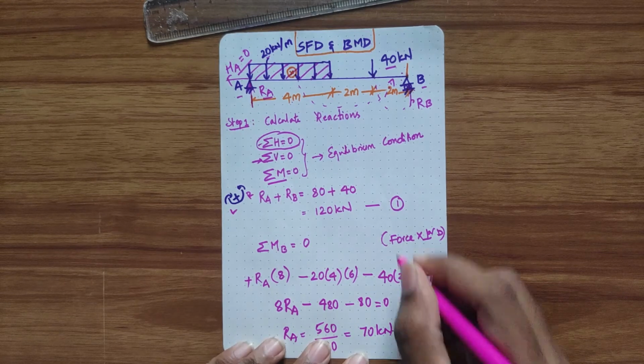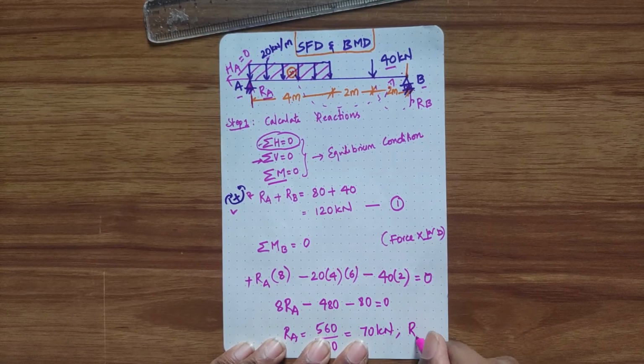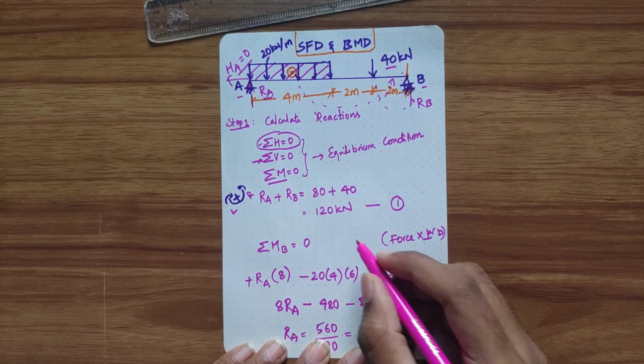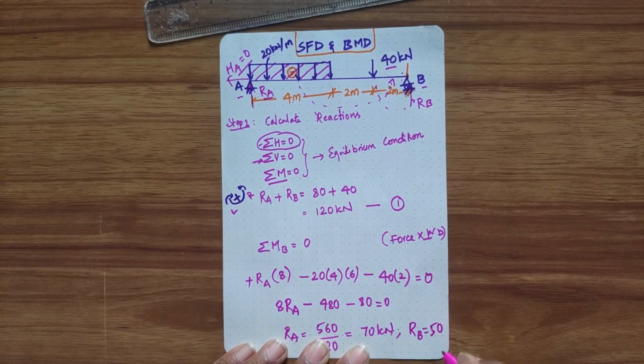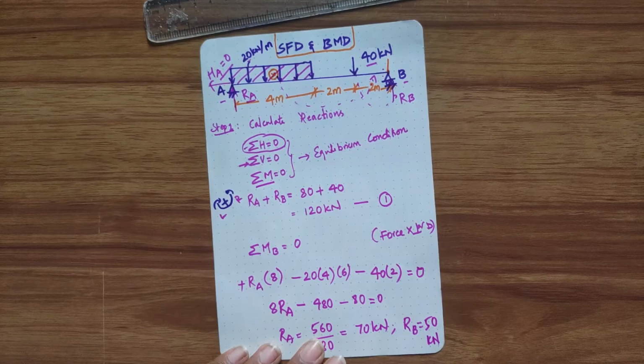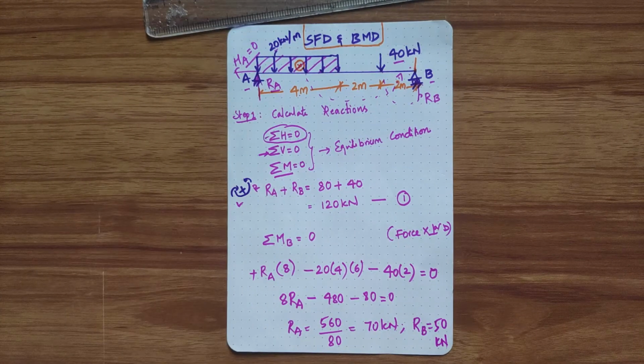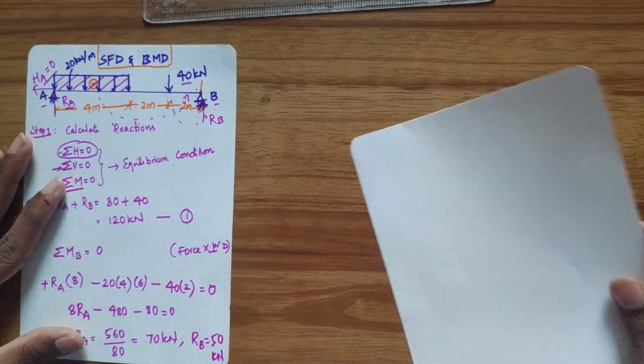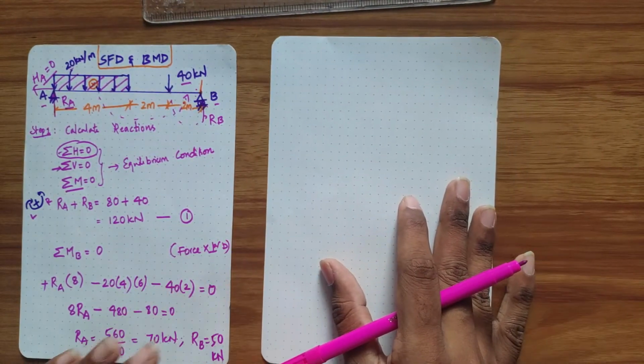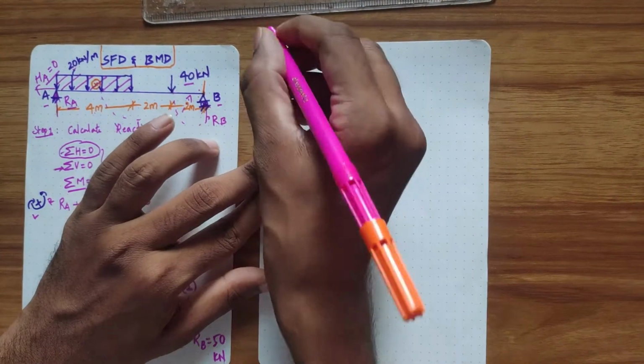Now substitute this in equation 1, we get RB is equal to 120 minus 70, that is 50 kilonewton. So with this we have successfully completed our first step. Okay, let's keep this aside. Now go to step 2.